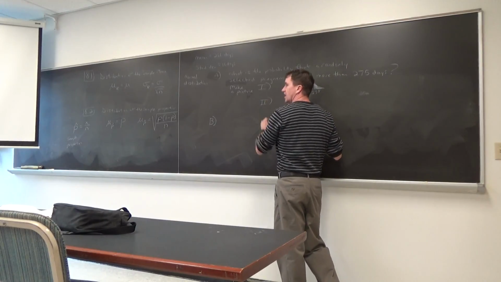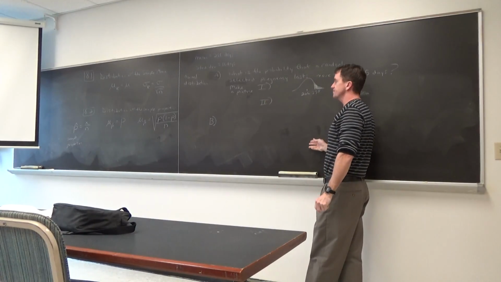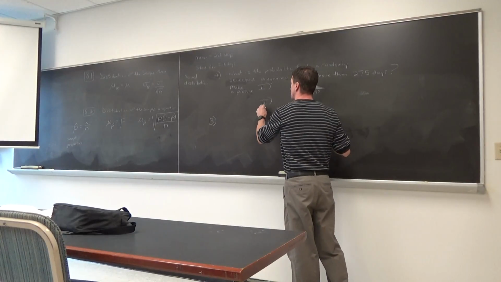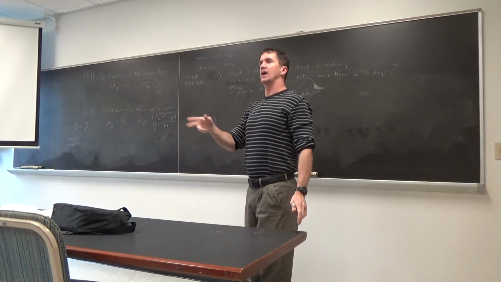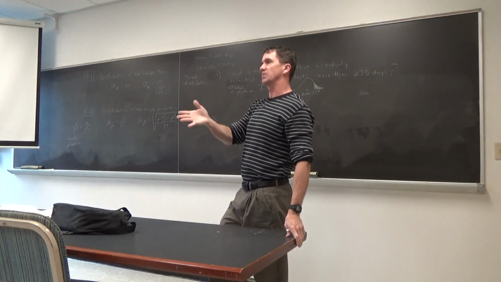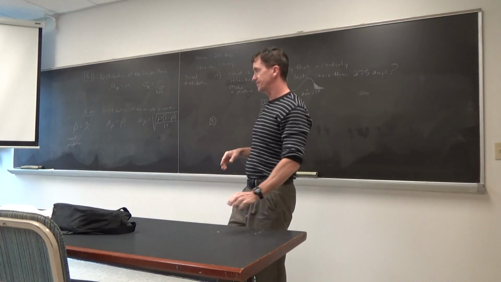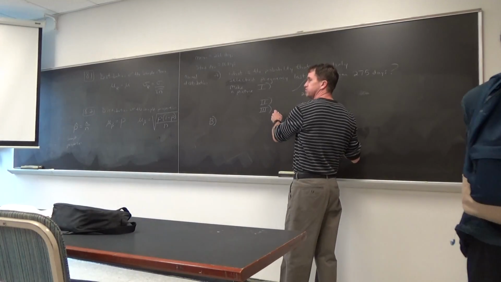Step 2, we always calculated z, right? But we've done that enough times already. Is everyone okay if we go to the quicker function where we just use the x bars?